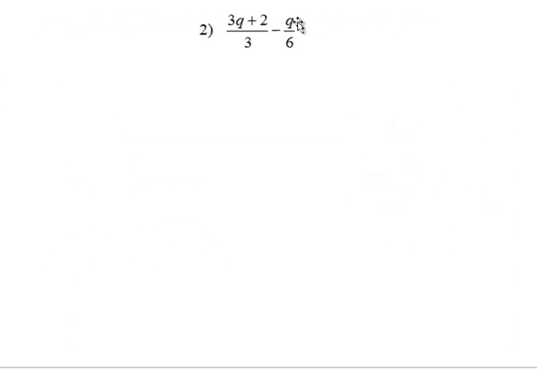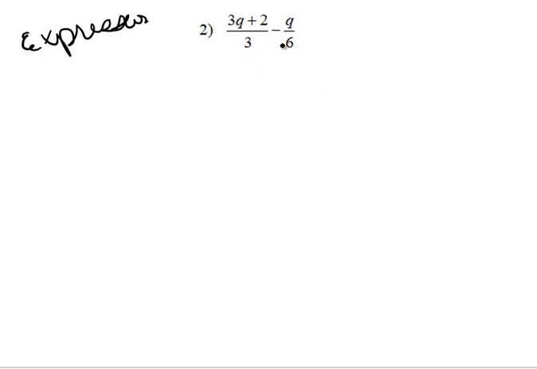So let's look at this first. There is no equal sign, so this is an expression. And what I'm going to do with an expression is pretty simple. I just need to find the least common denominator and adjust it. This is that fine-tuning piece.